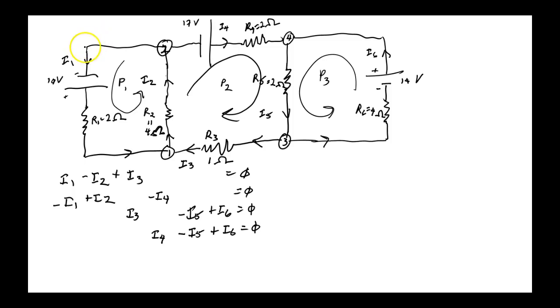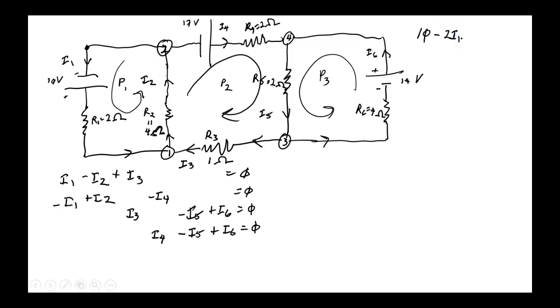So why don't we start at this corner here? Okay? And let's go in the direction of path 1. And again, I sort of like to write these by themselves and then translate them to my equations. Okay, first thing I hit is a plus 10 voltage. Then I had a minus 2I1.